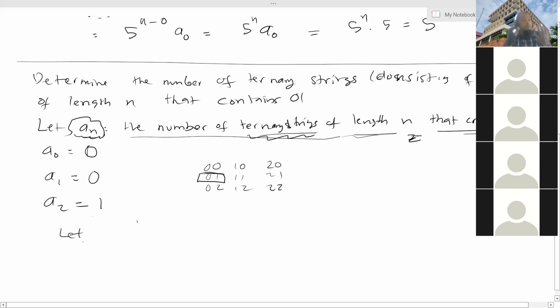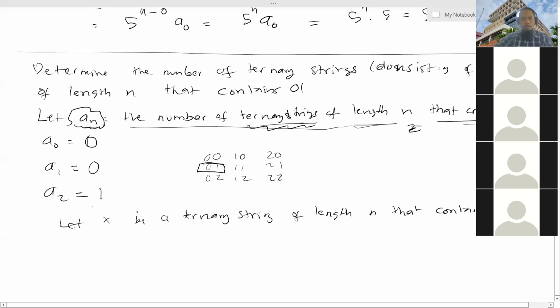Let's consider any ternary string of length n that contains 01. So let X be a ternary string of length n that contains 01. Let's consider that X.